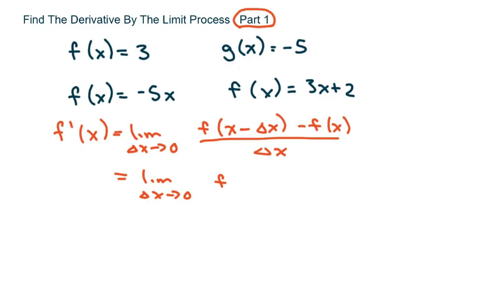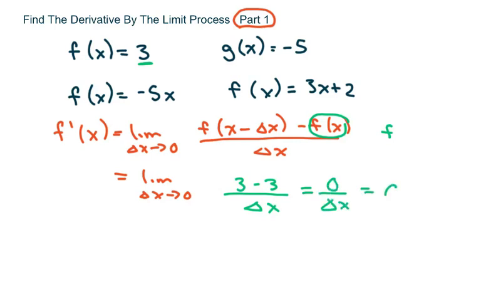So we have, this is going to be 3 right here, minus my f of x. So this would be f of x, which is going to be 3, because that's your answer. So it's going to be minus 3 all over delta x, and that's going to be 0 over delta x, and that equals 0. Right?